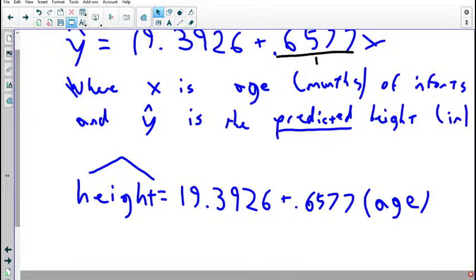So you can have height hat equals 19.3926 plus 0.6577 times age. Now we've defined the variables within the equation. But if you're just writing y hat and x, then you need to define the variables. And you need to make sure you put y hat there. If you put y equals, it's wrong.